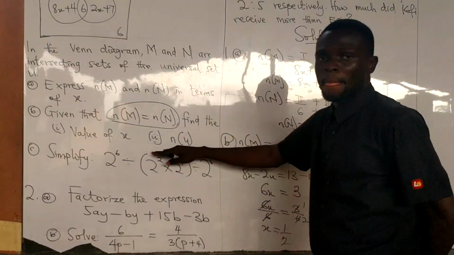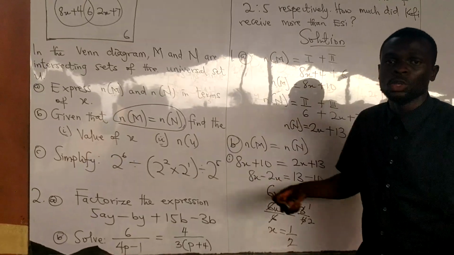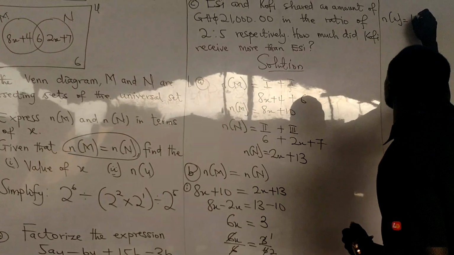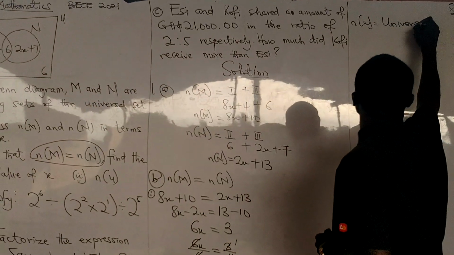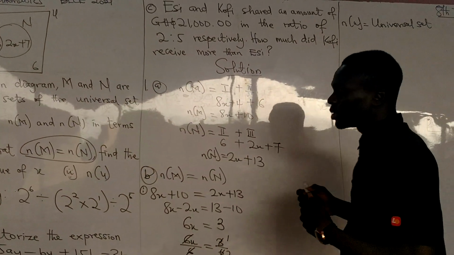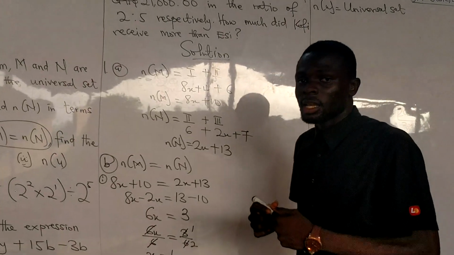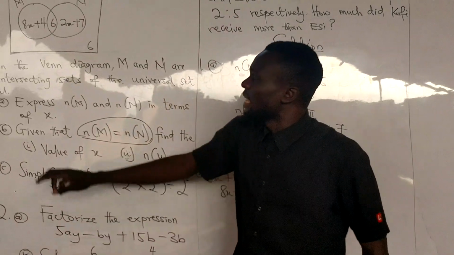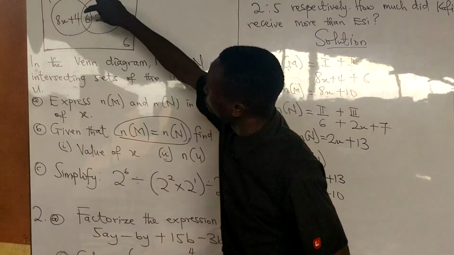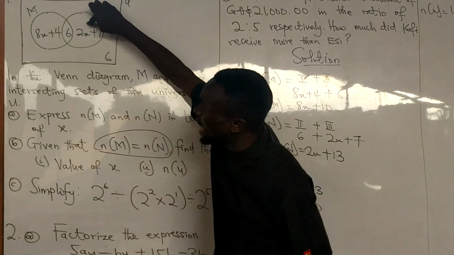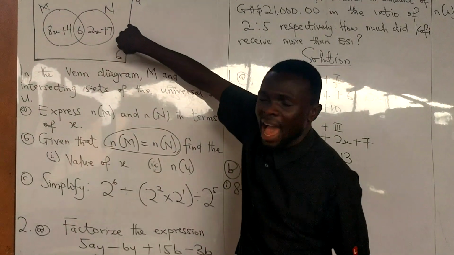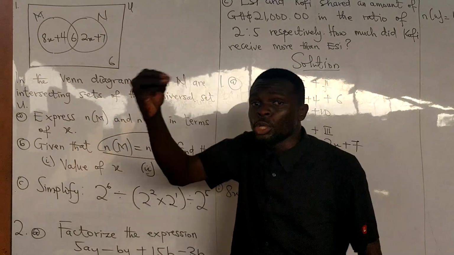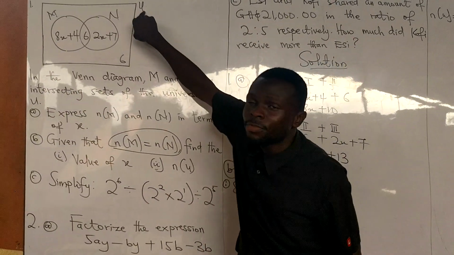Now II, you have to find the number of U, and the number of U is the universal set. Now when you go to the Venn diagram, we were told that the region I plus region II plus region III plus region IV put together gives us the universal set.